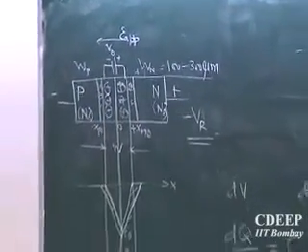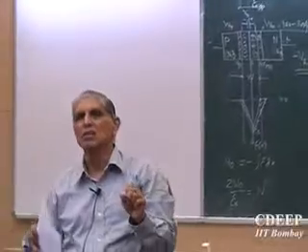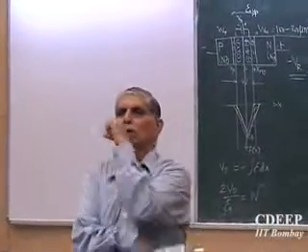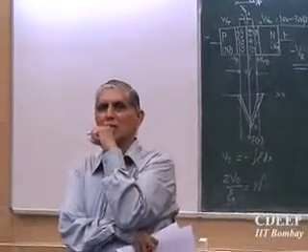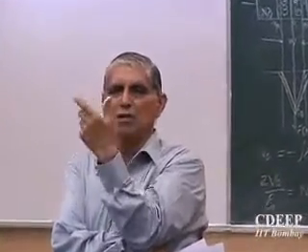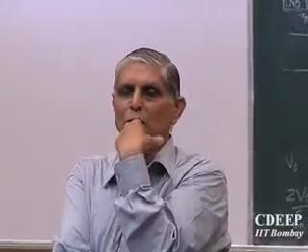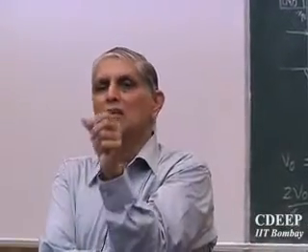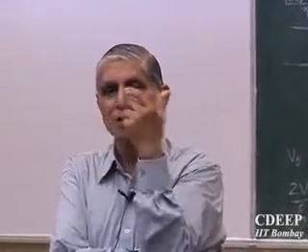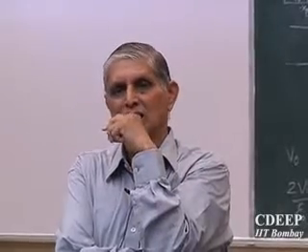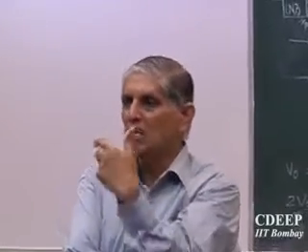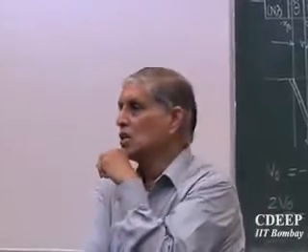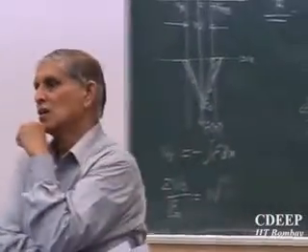So the width of the depletion layer now enhances, and if W enhances, what will happen to capacitance? Per unit area it is epsilon by W. So if W increases with VR, then my capacitance will go down. So the larger the reverse bias I apply, the smaller the capacitance.